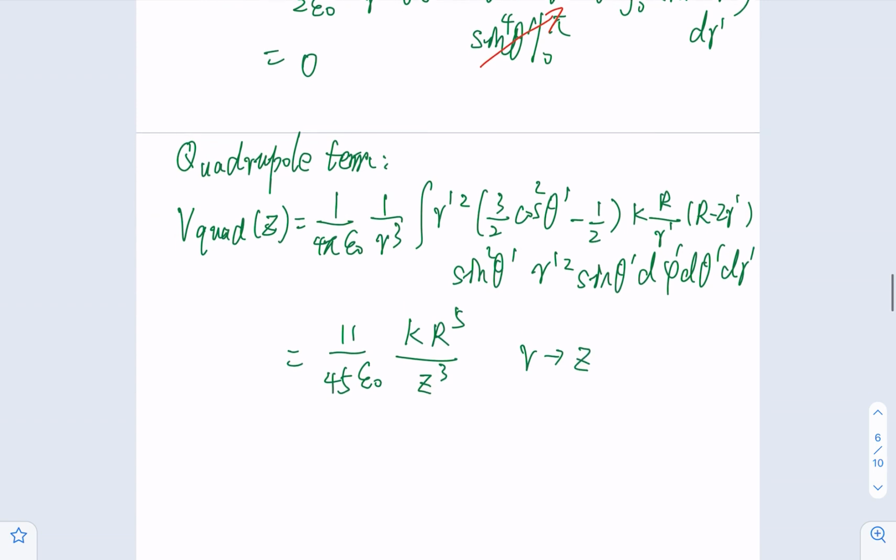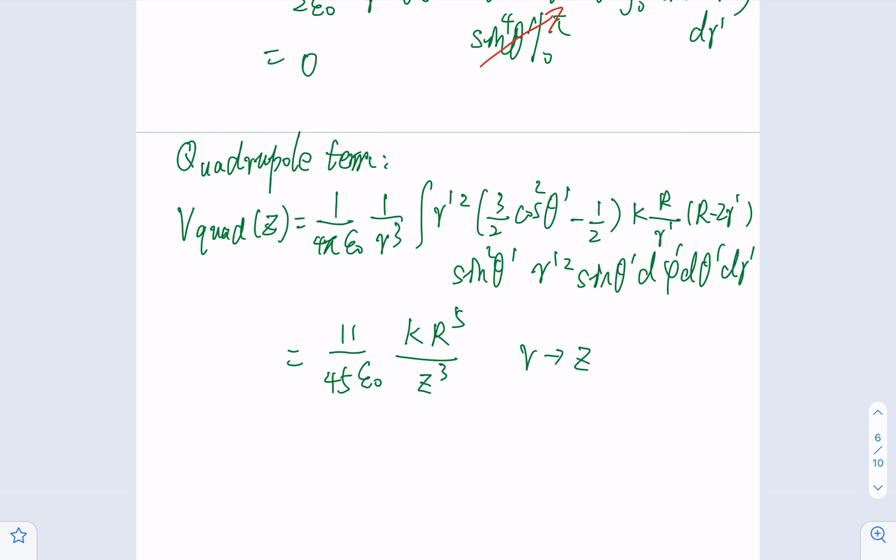Then this means that we have to calculate the quadrupole term. And the quadrupole involves r' to the power of 2, and this is P2 cosine theta', and also the r is raised to the power of 3.